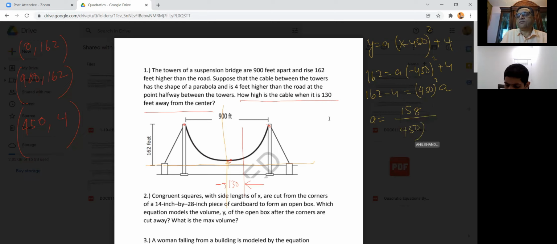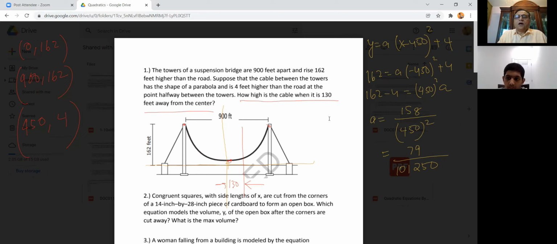Let's calculate. This value, the calculator gives me 79 over 101,250. So now we have the equation of the parabola.